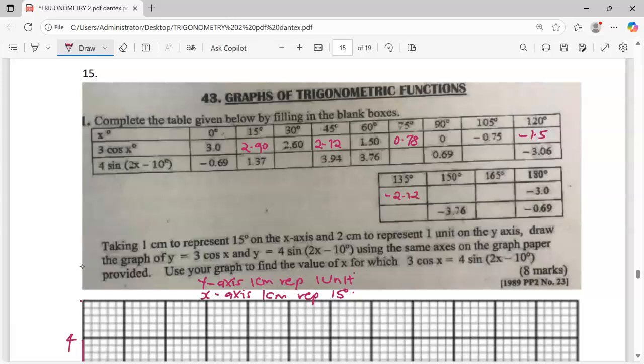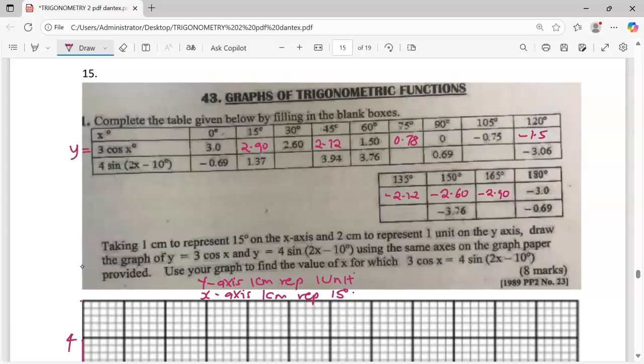Next, we have 3 cos 150, which will give us negative 2.60. Next, we have 3 cos 165 degrees, which will give us negative 2.90. And lastly, we have 3 cos 180, which will give us negative 3.0. We now go again and pick another one.